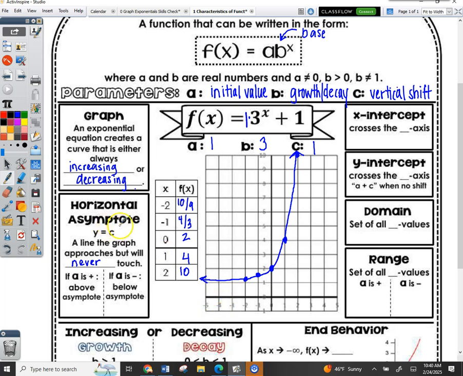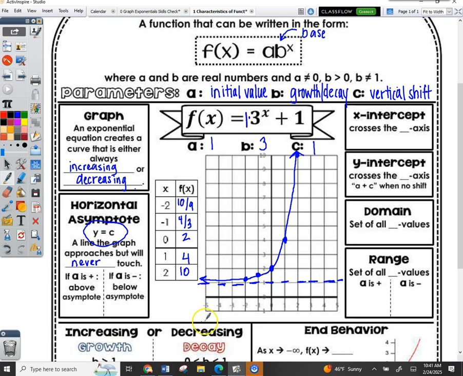Okay, so the asymptote is that vertical shift up or down, right? So in this case, the whole graph went up 1. So I want you to take your pencil and do the best you can to make a dotted horizontal line running across at 1.